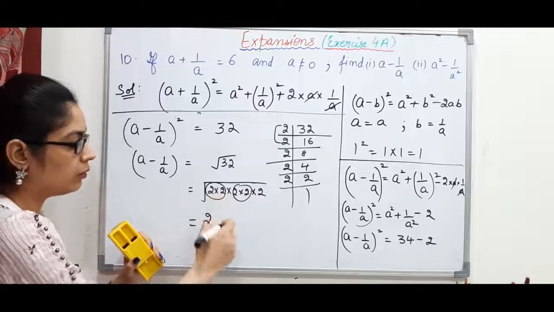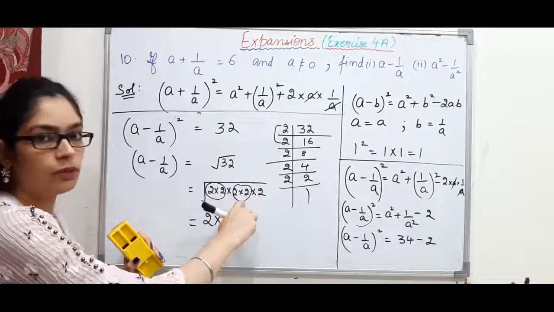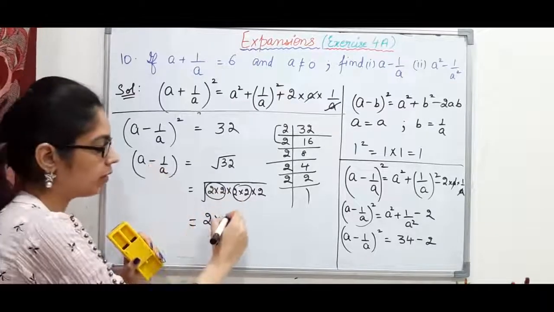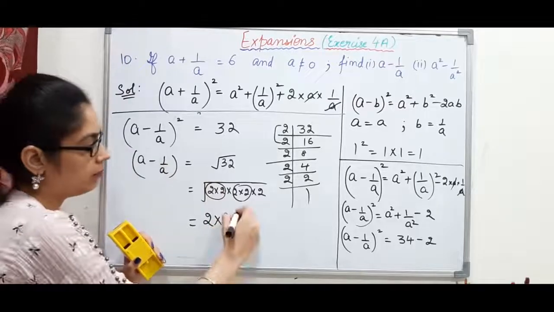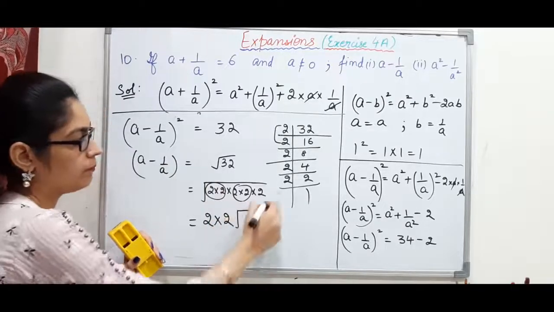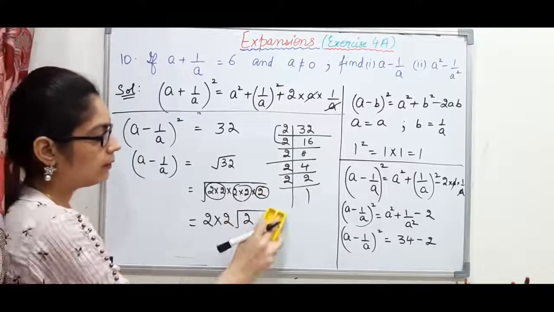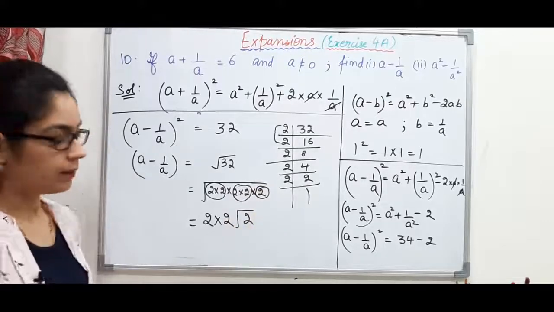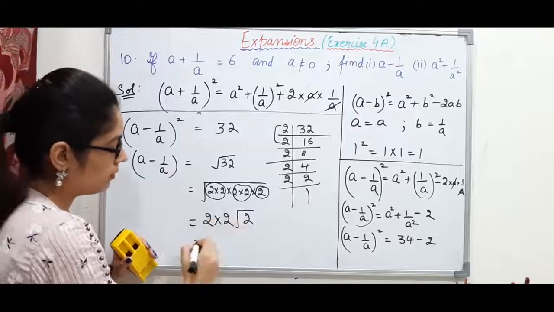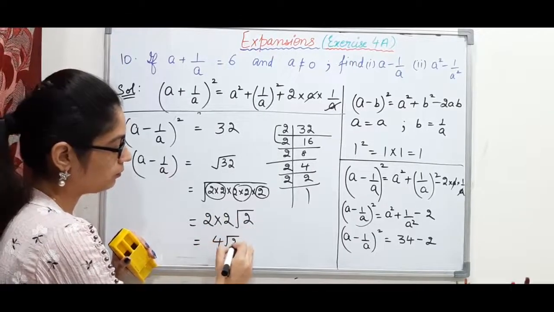So this 1 two we can take out, and this 2 times 2 also again we can take as 1 two, and we can write it outside the square root. And this 1, because no other 2 is there, I have to write under the root only. So 2 into 2 is 4 root 2.